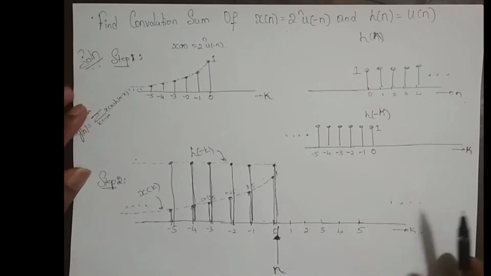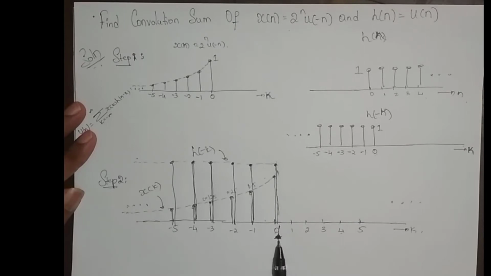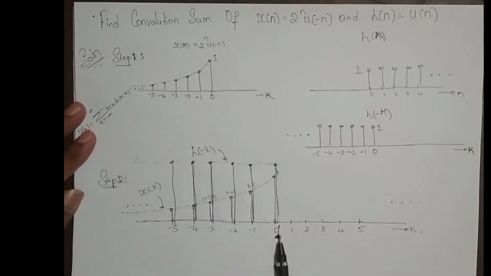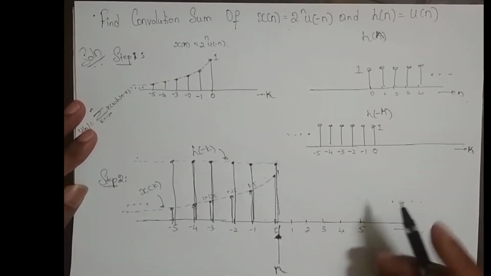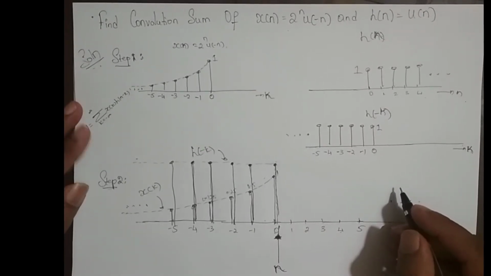Now since I placed the slider here, I can move this slider, which is nothing but moving this h of minus k sequence, right? I can move this slider from minus infinity to infinity, and I have to come up with non-overlap regions and overlap regions.